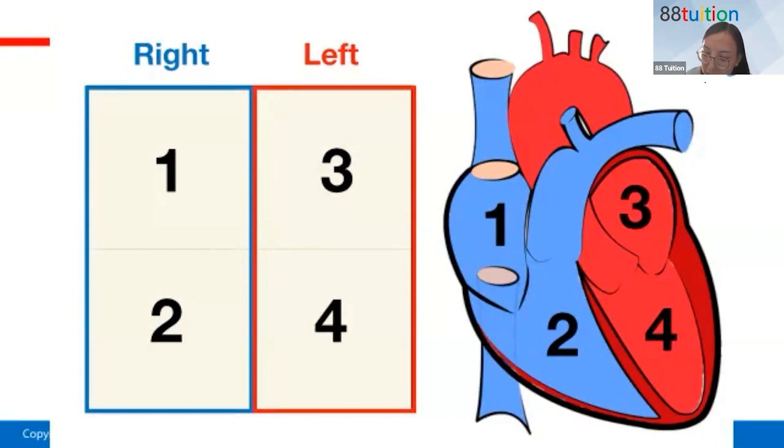That means it's richer in carbon dioxide. It means that it's less rich in oxygen, instead it's richer in carbon dioxide gas. Then the red color, 3 and 4, is obviously the opposite.